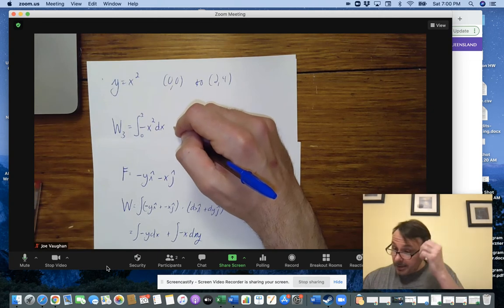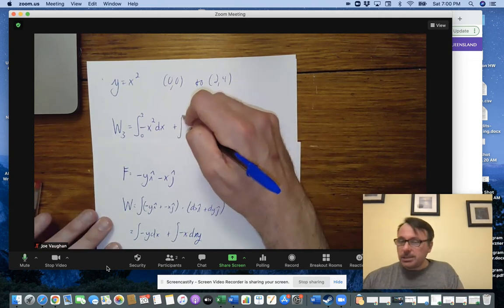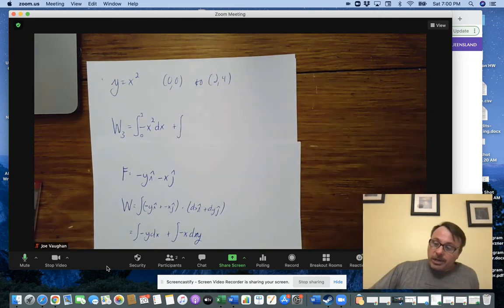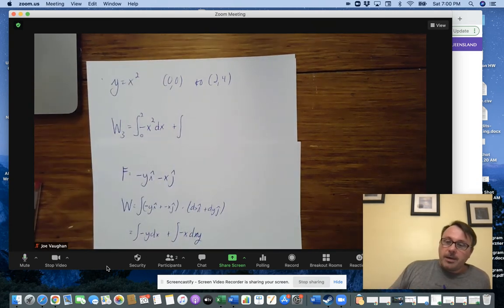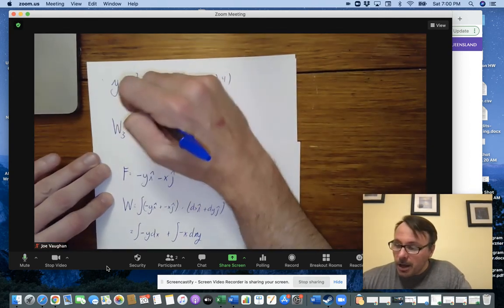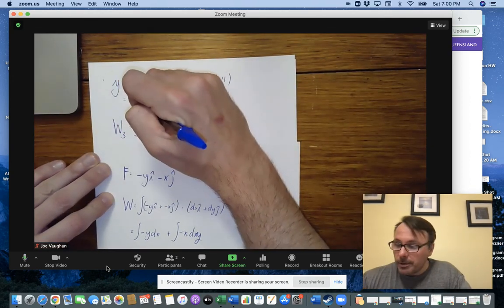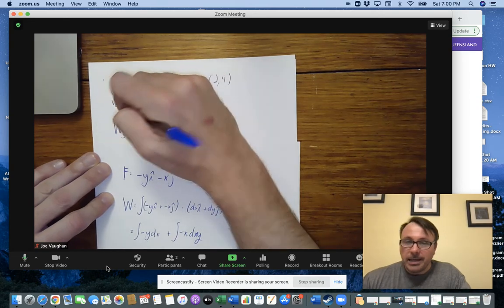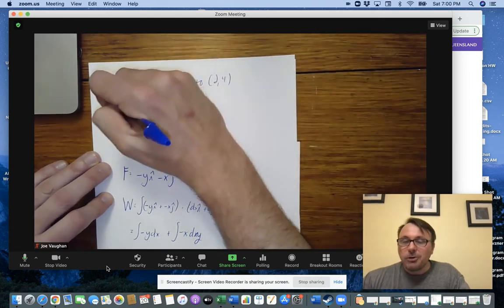And then plus, and now I have some choices about what to do here. Either I could transform the function or I could take a derivative. Now, if you transform the function, what do you end up with? Well, I would end up having to take the square root of both sides. And here's the thing when you take the square root of both sides: plus or minus.